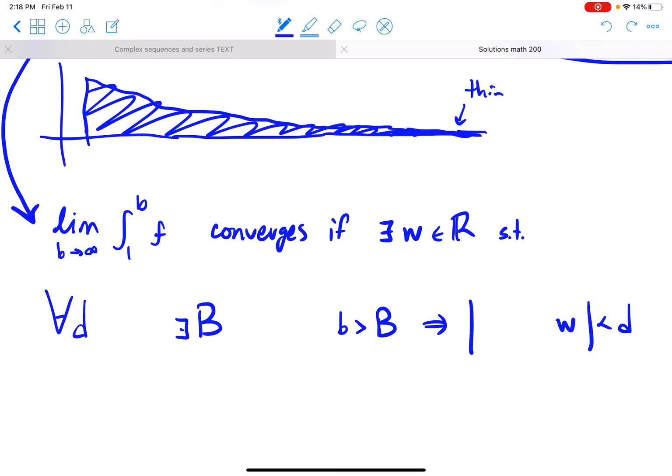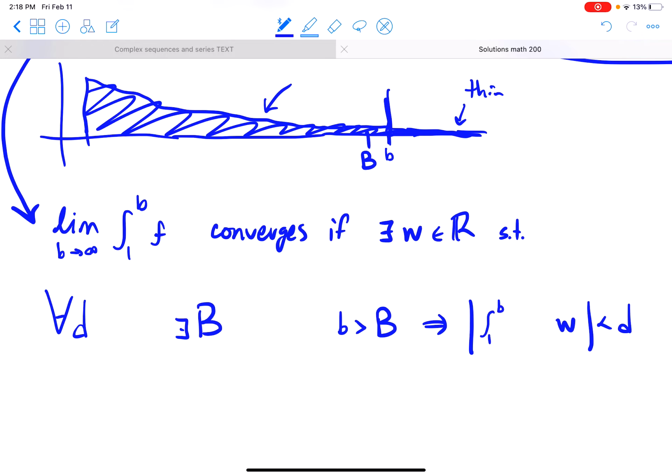And, well, there exists a bound, maybe capital B is here, and as long as we integrate out to a little b right there, and we cut off our area, then this area will be within d of this number w.